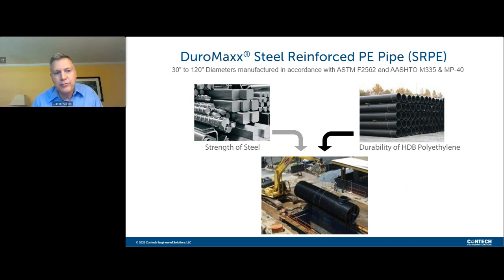I mentioned Duramax. What exactly is Duramax? Well, it's a steel reinforced polyethylene. It takes the attributes of steel, the high strength, the high load carrying capability, the ability to handle very heavy aircraft live loads, and marries them with the attributes of high quality HDB rated polyethylene resin, such as protecting the steel to give it a 100-year plus service life, a smooth interior for good hydraulics, as well as the ability to have a watertight joint.